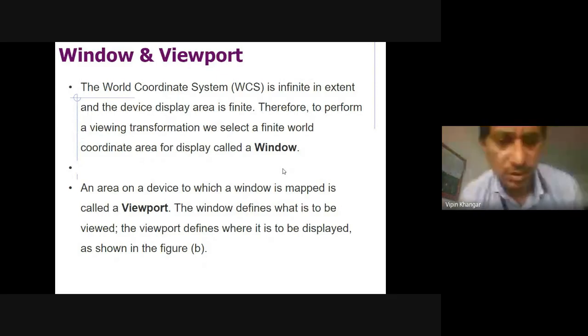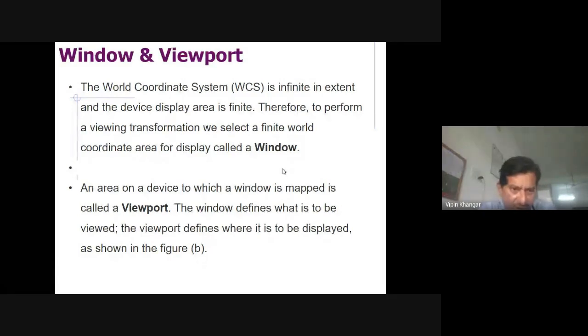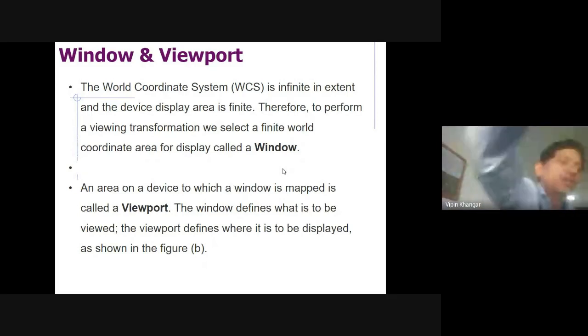When you talk about the world coordinate system, it is an infinite system in extent, while the device display area is finite. Whatever scenery we see in a movie is available naturally and is infinite in nature, but the limitation is the display devices where we actually see these things.